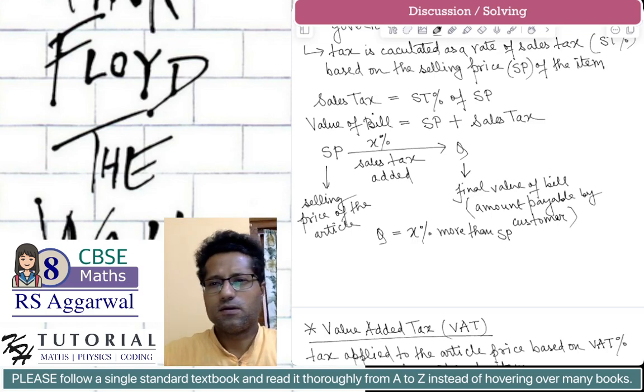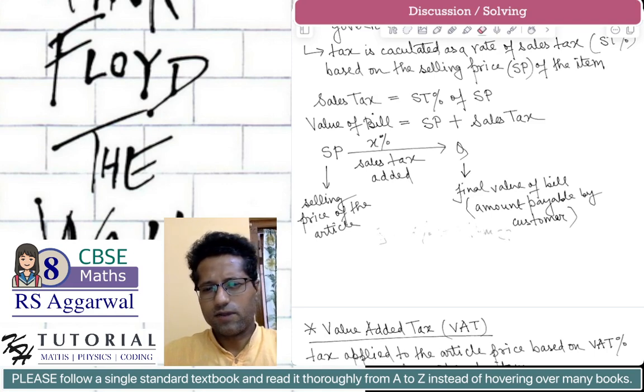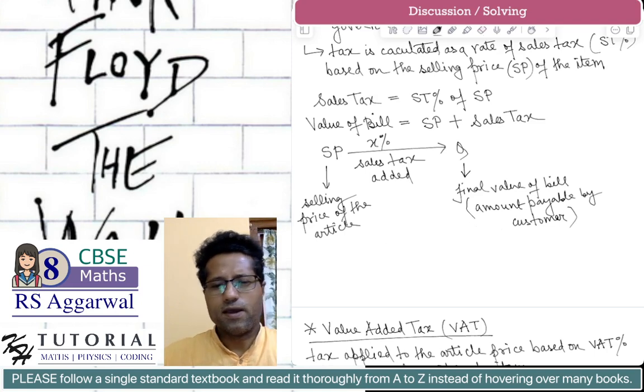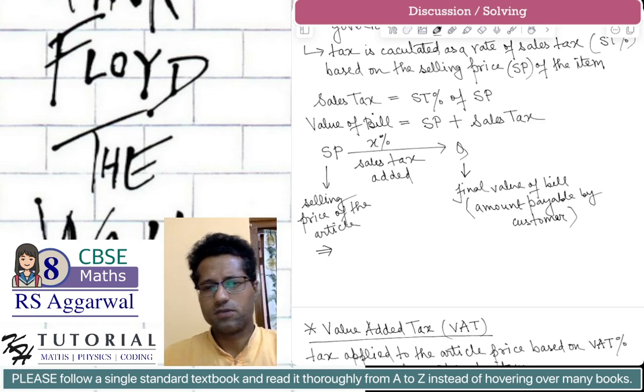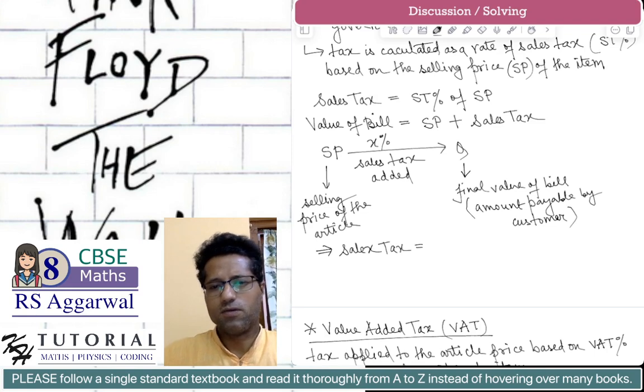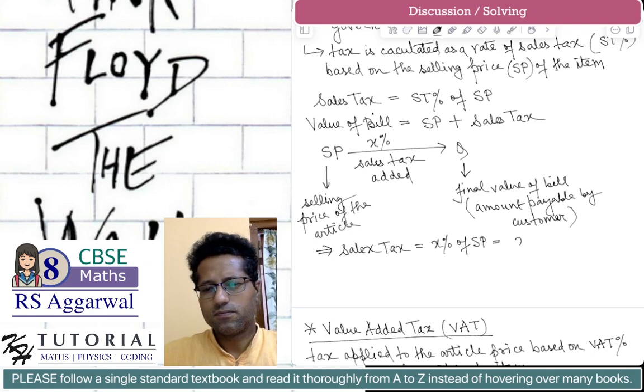Okay, let's try to understand it in a more detailed way. So based on this diagrammatic figure, sales tax, that is the total tax amount, is equal to X% of SP, which is equal to X by 100 multiplied by SP.